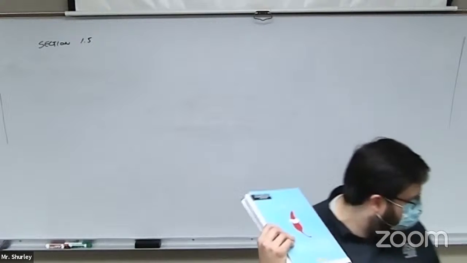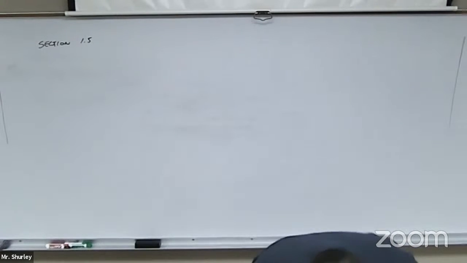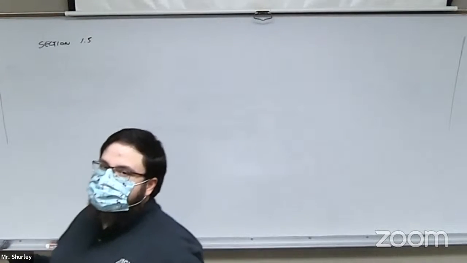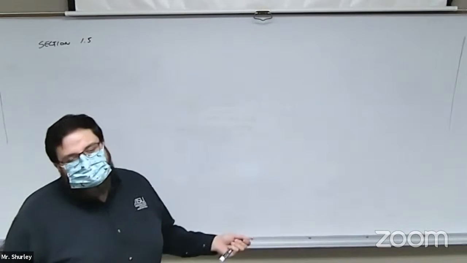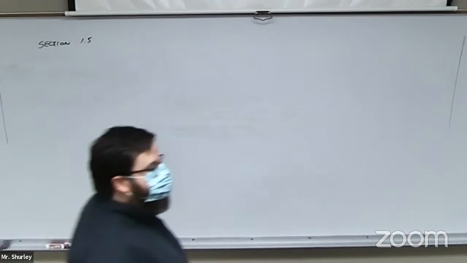Today we're going to go over 1.5, and then hopefully go over 1.7. Now 1.5 is a review of solving quadratics. So the goal today is really just to review solving quadratics. There's 3 ways we're going to go over.